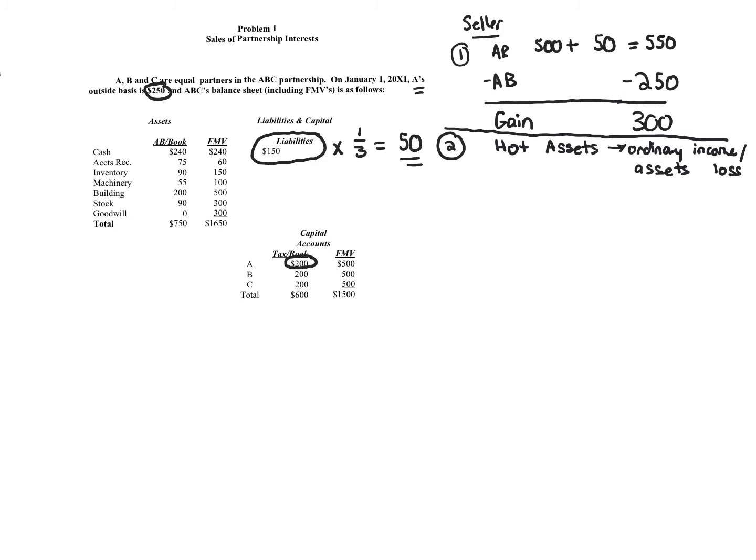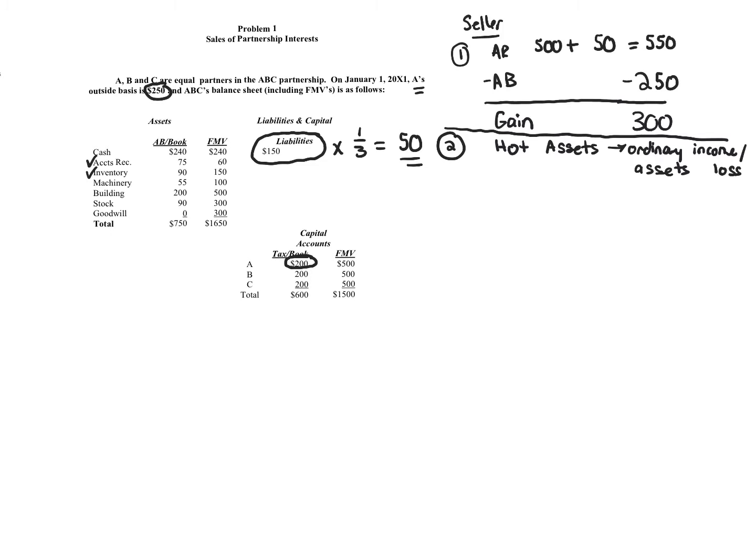So cash, of course, there's no gain, no loss ever. Accounts receivable is an ordinary income asset, ordinary loss asset. Inventory, always ordinary. Machinery could be Section 1231, or ordinary through Section 1245.